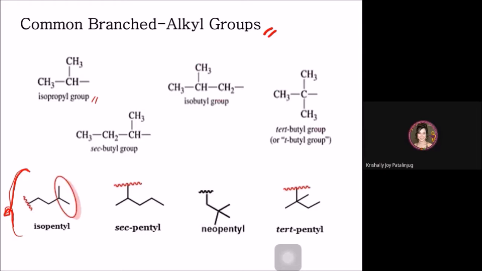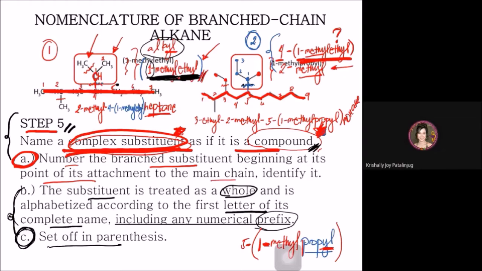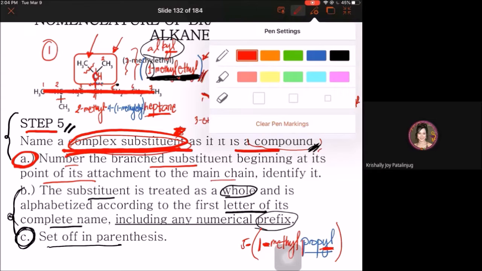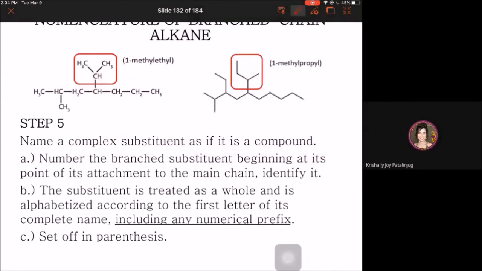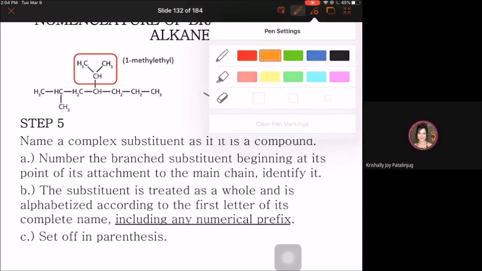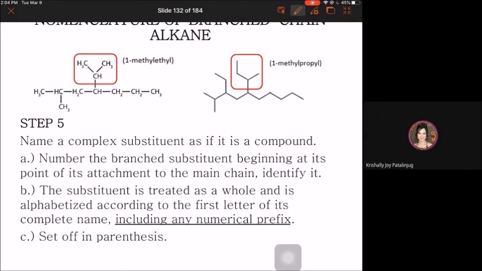Okay? Say for example, yung kanina actually, ito. Ako sang i-erase ha. Erase na ako siya. Ayan. Itong naka-enclose na complex substituent, which is a 1-methyl ethyl, iyahang common name for this branch alkyl group is actually isopropyl.